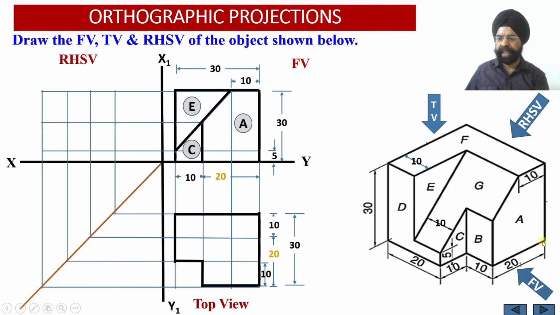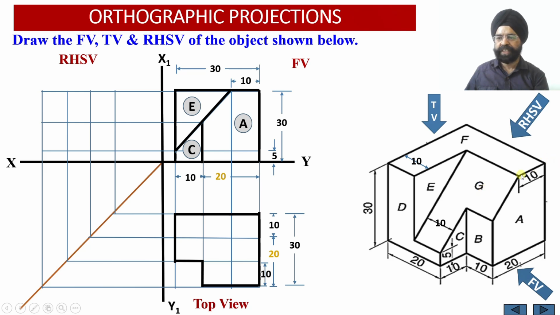And then finally from the top, this surface and this surface will appear as a straight line in the top view, because we have already discussed that this is the surface G. Even though the surface G is inclined, it will appear as a straight surface in the top view, that is, the apparent shape will be visible.